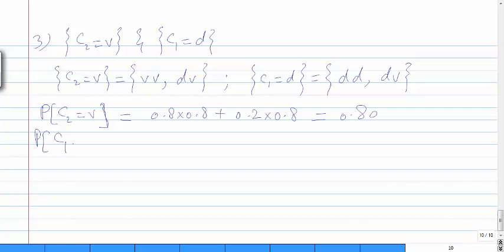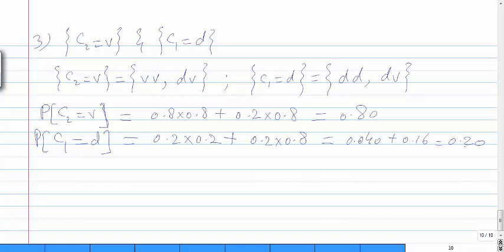Probability of C1 equal to D: it becomes 0.2 times 0.2 plus 0.2 times 0.8, which is 0.04 plus 0.16, so it becomes 0.20.